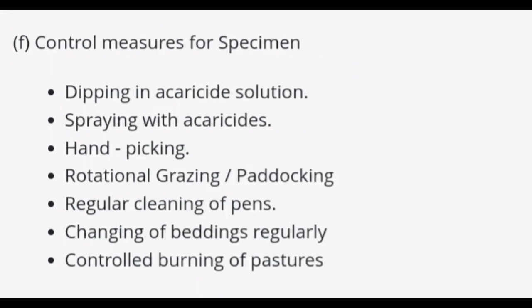You can dip the host in an acaricide solution, then spraying with acaricides. You spray the host and the body of the animal with acaricides, and then these ticks die off or fall off. You can also hand pick the tick from the body of the animals, like people do in dogs.